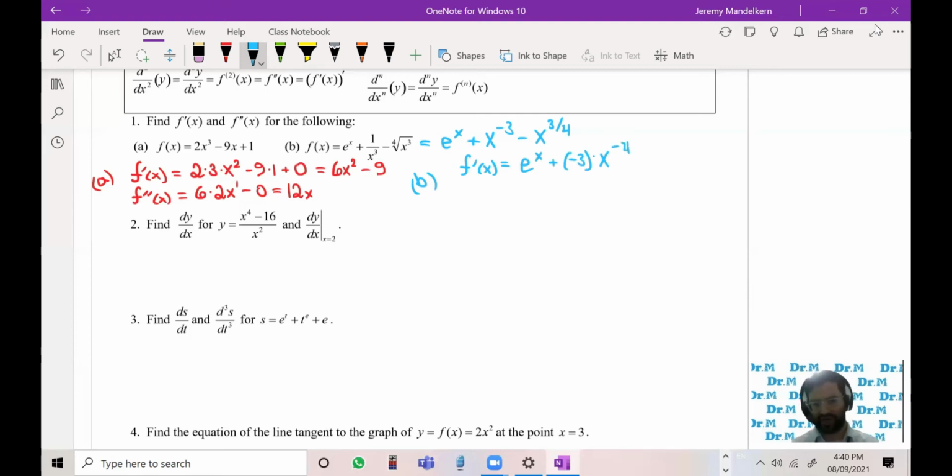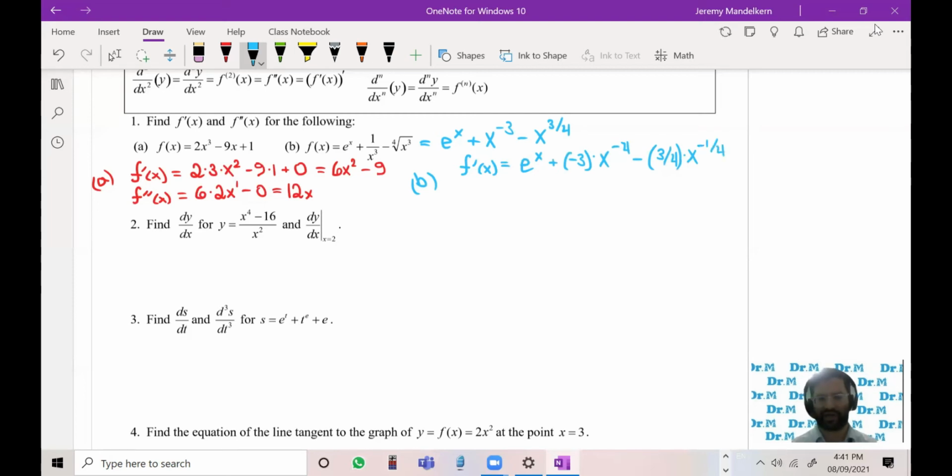And likewise, we have a minus, and we'll pull down the 3/4. So that's 3/4 times x to the power, well, it should be 1 less than 3/4. So taking away 4/4 from 3/4, we're down to -1/4.